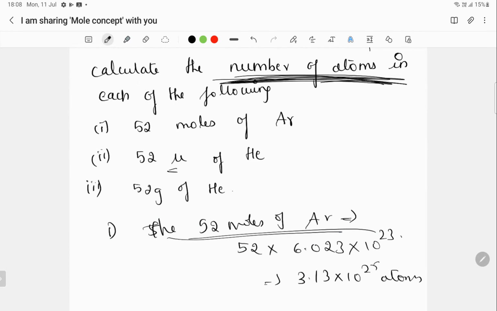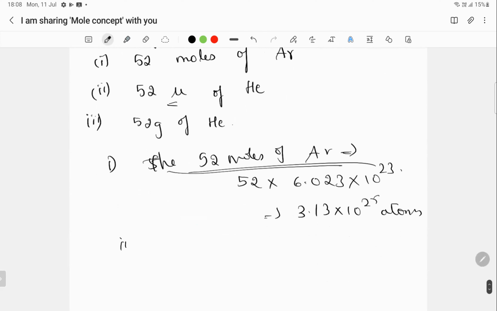Yes, ma'am. Okay, second one: 52 u, what is this u? Atomic mass units. So what should we do here? Division. Exactly. Here the atomic mass is given, so to know how many atoms are in it, you need to divide it by this element's atomic mass.